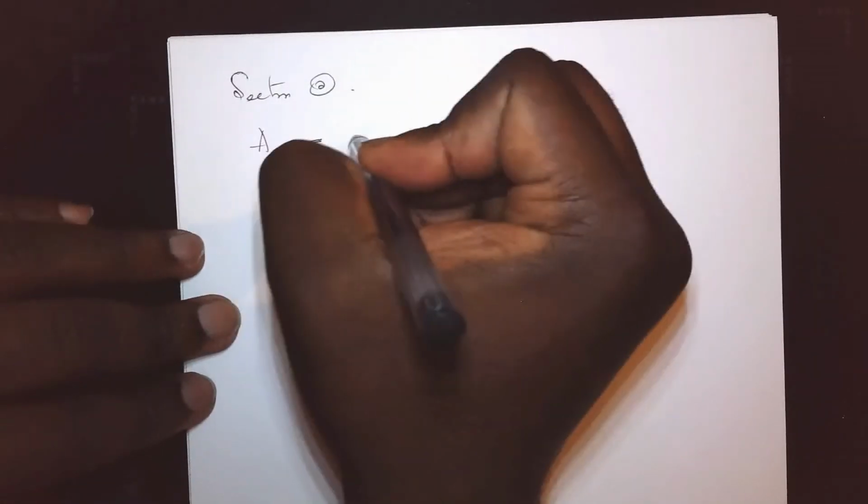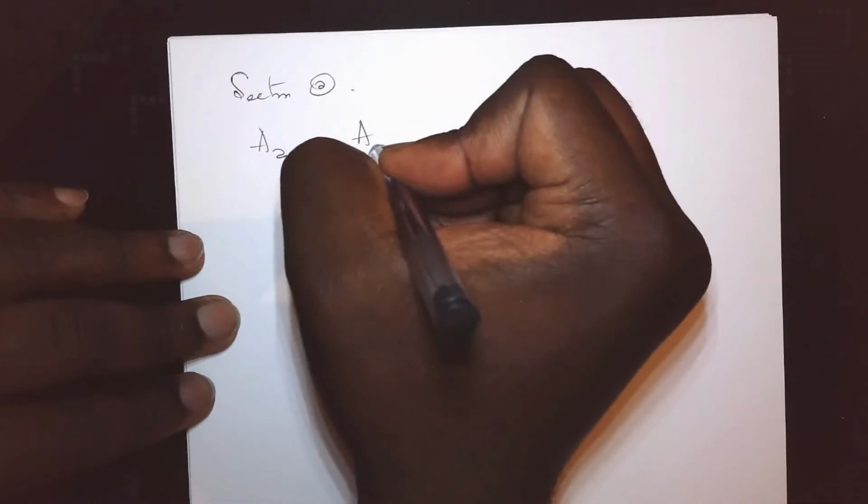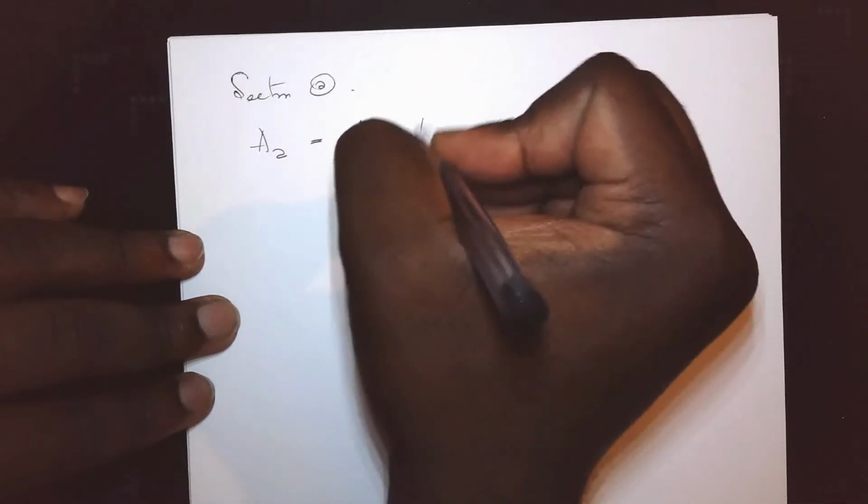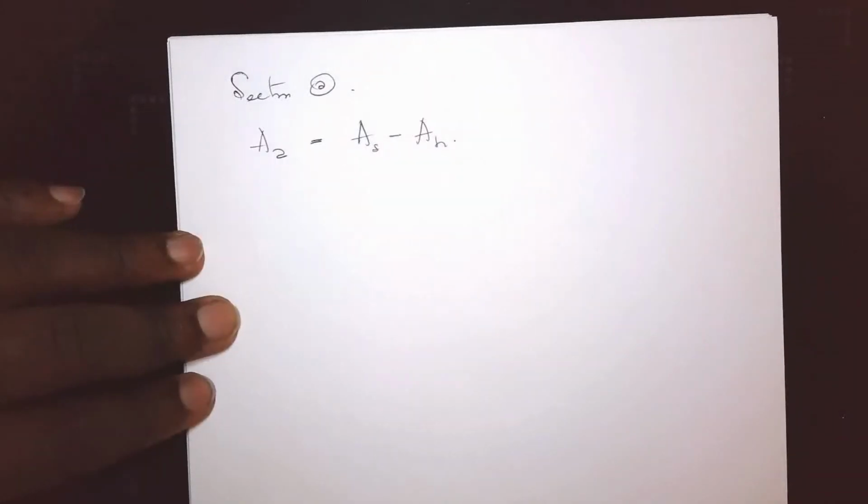the area A2 will be equal to, and again, don't forget that this is a hollowed section. If we reflect on what we did in the previous question, I stated that A2 will be the difference of the area of the solid section minus the area of the hollow section.